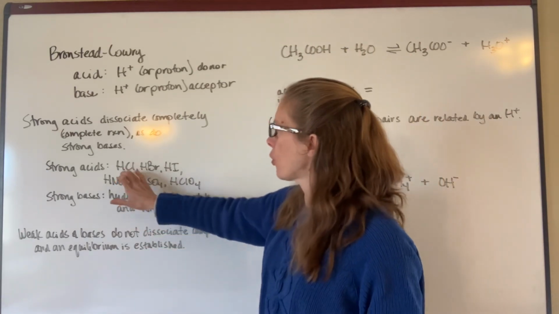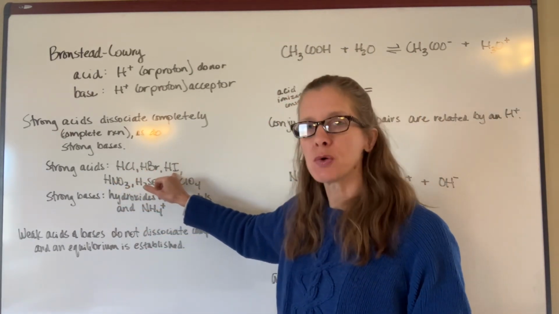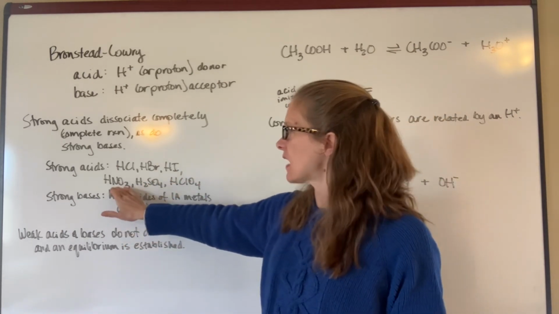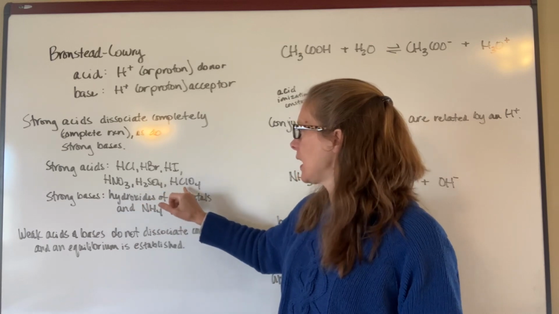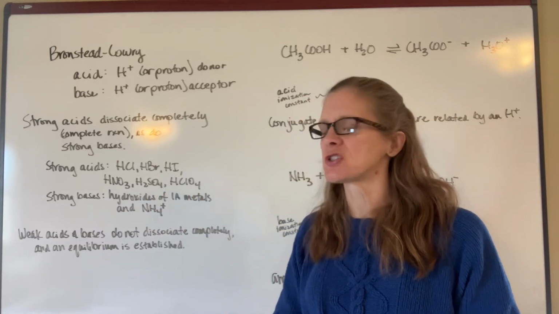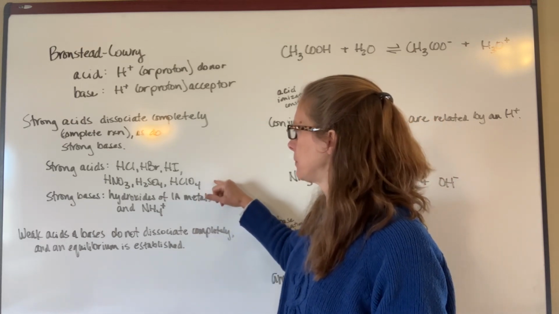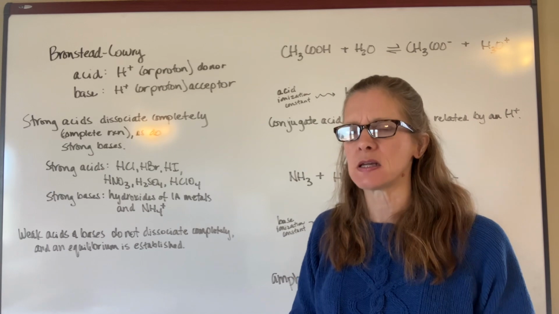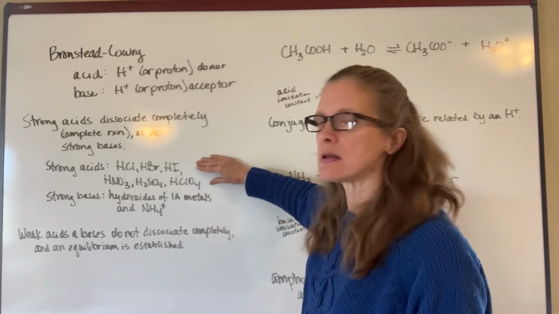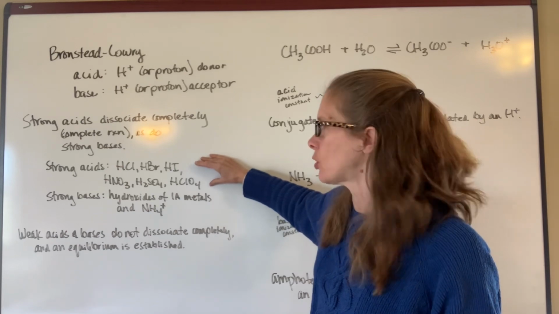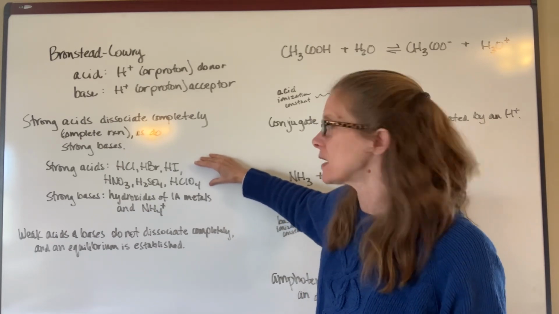And so hydrochloric, hydrobromic, hydroiodic acids are all strong acids, as well as nitric, sulfuric, and perchloric acid. There are some books that will also classify just chloric acid as a strong acid. These are the 6 that the author of this textbook expects you to know, and so that's what I'm expecting you to know also. So you do need to have those memorized.